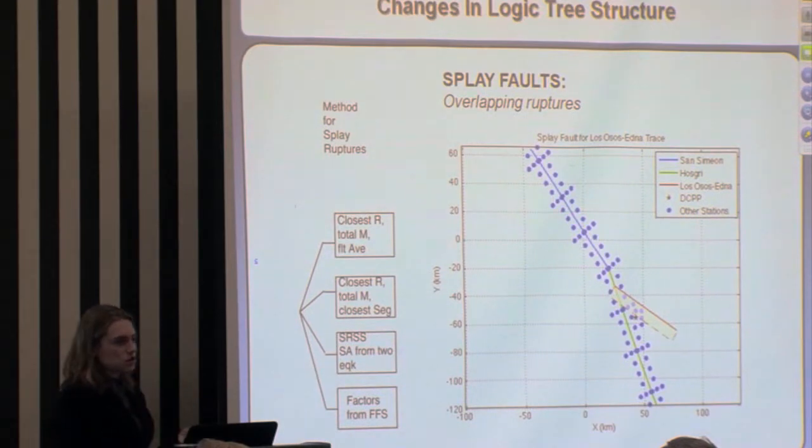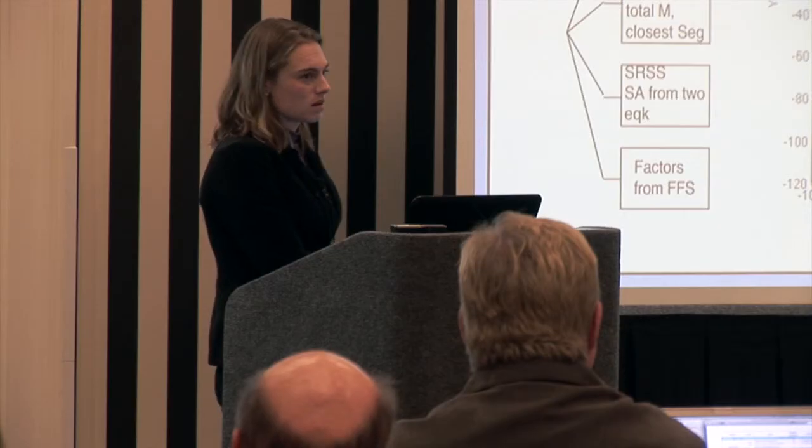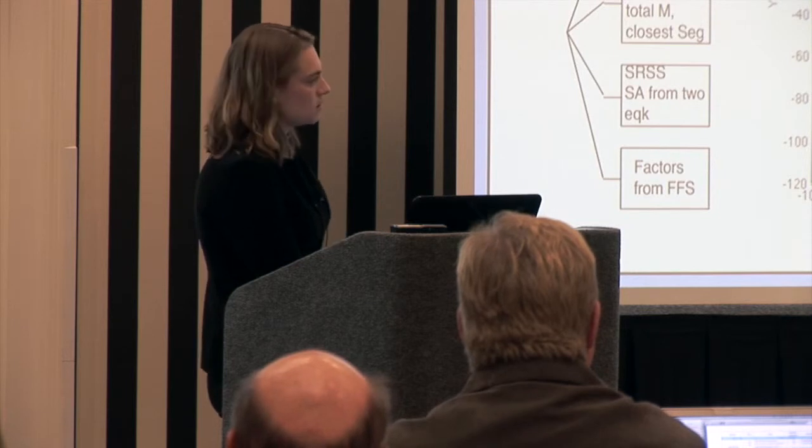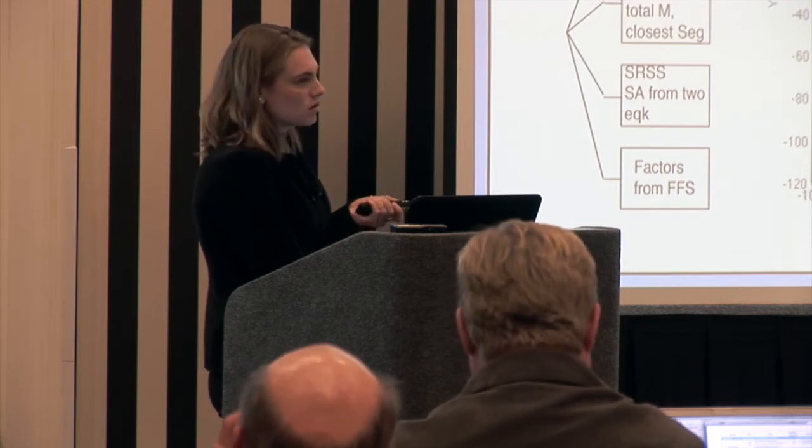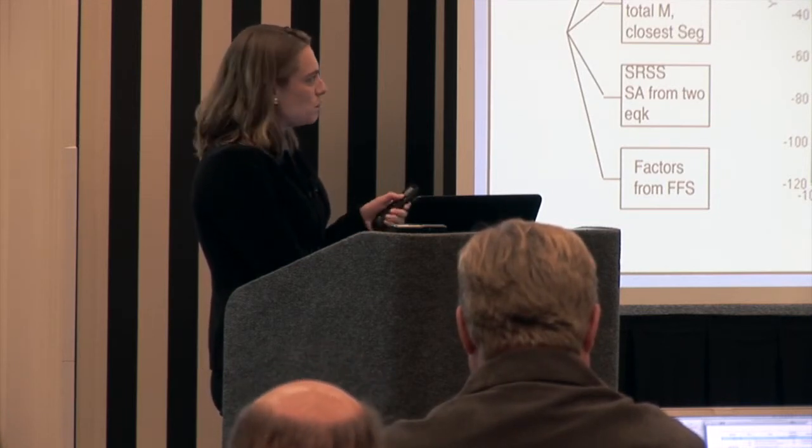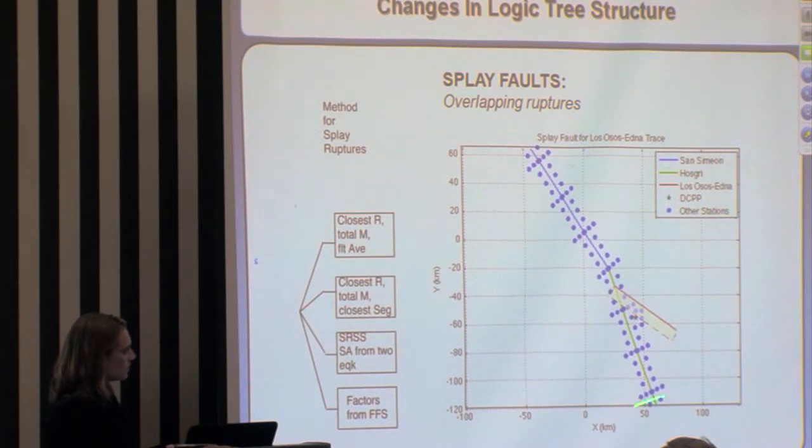One way is you can treat this thing as one big earthquake. So if you're at Diablo Canyon, we could compute a magnitude based on the summed moment of the main fault and the splay fault. Then we could use the closest distance to whatever segment is closer, either the splay or the main rupture.